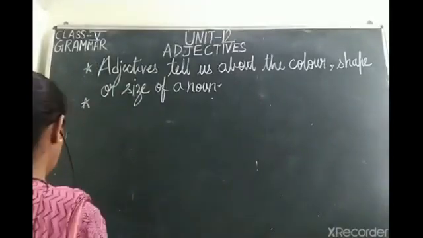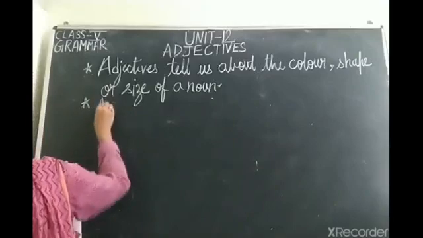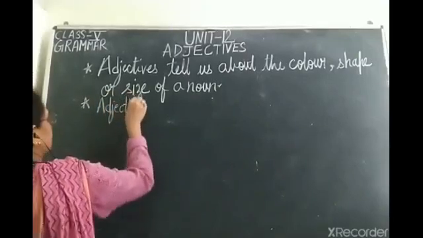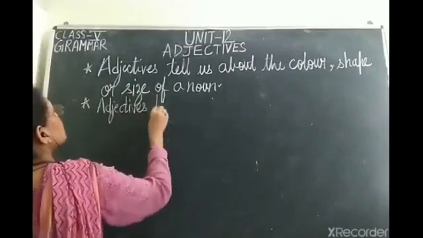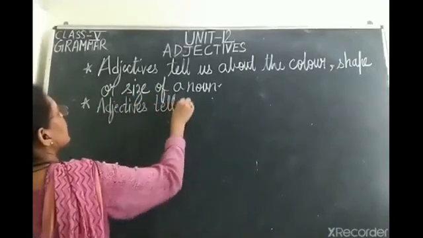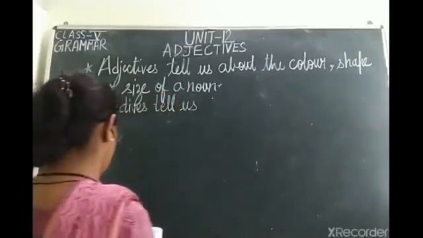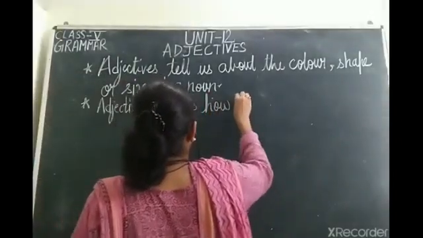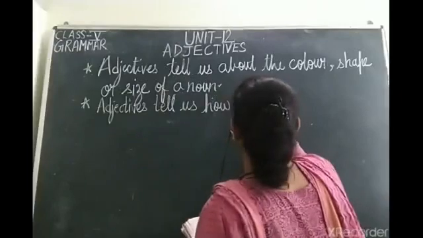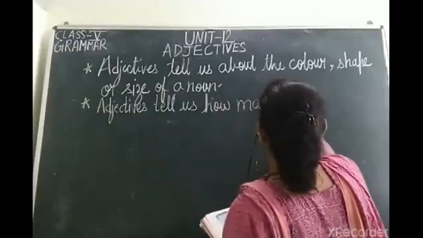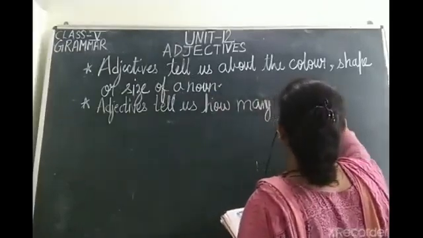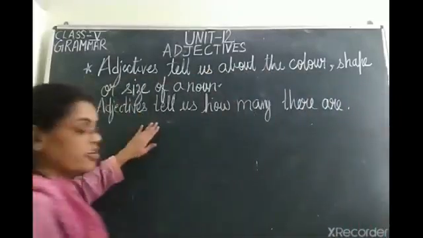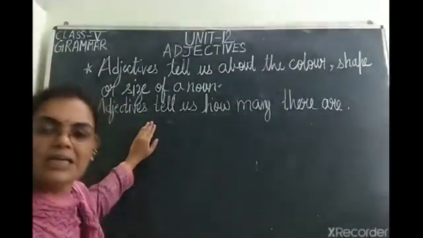The other thing is adjectives tell us how many there are. For example, a triangle has 3 sides.